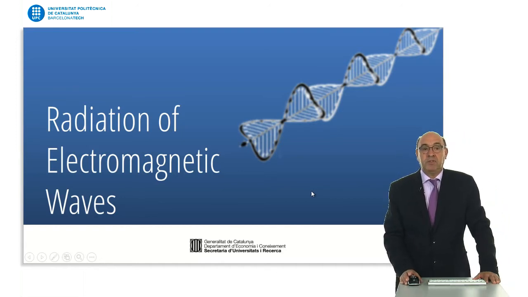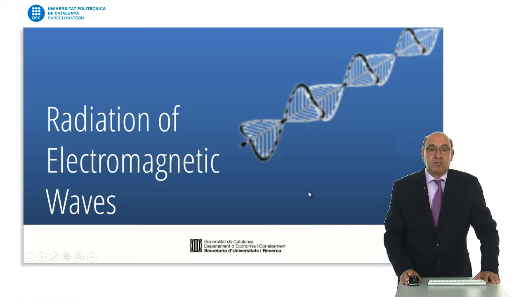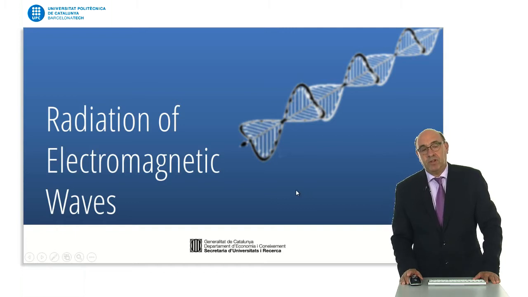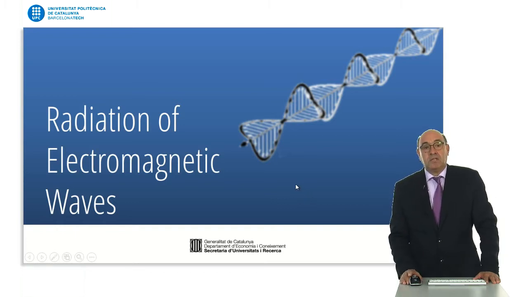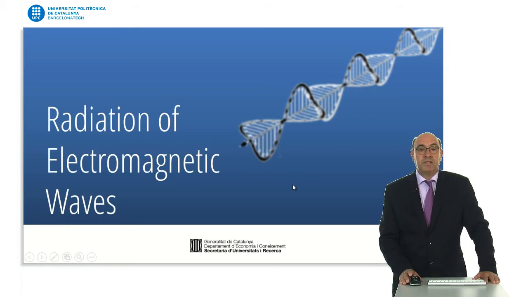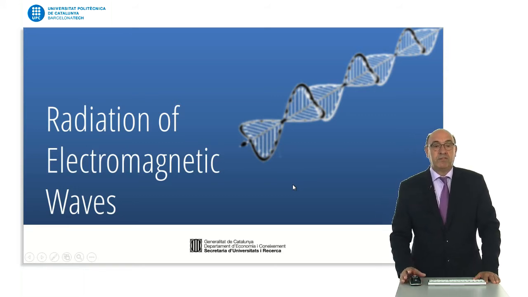In this unit, we are going to talk about electromagnetic waves. They are also called radio waves from the early times of science, of the radio times, of broadcasting, and they are really just a combination of electric and magnetic fields that oscillate together.